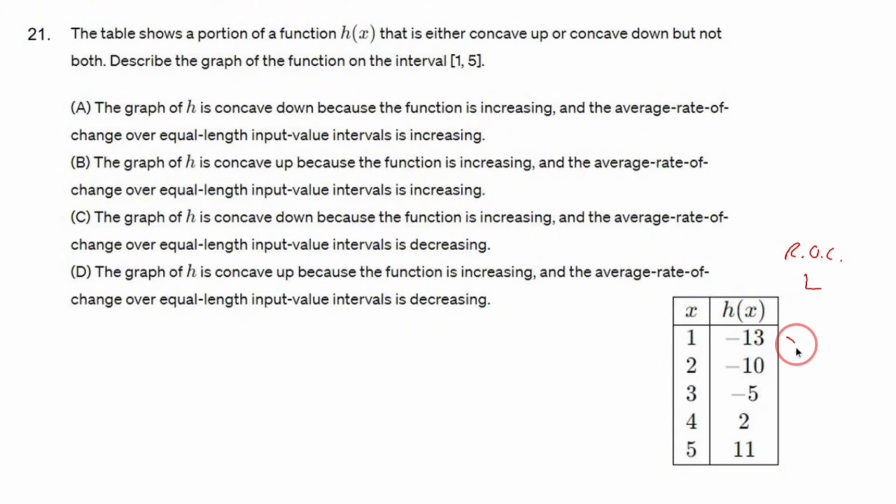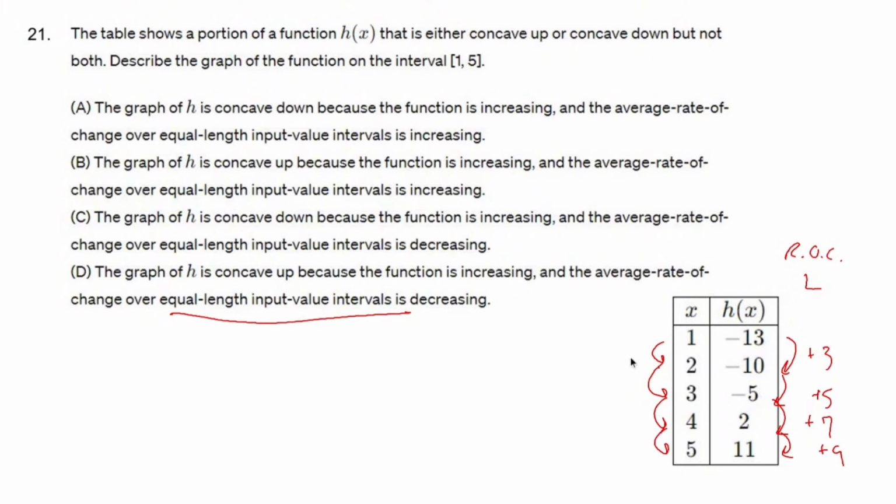So what are we doing here? Well, we are going from -3 to -10. By the way, these all go up by 1, so the equal length input value intervals are the same. These go up by, what am I doing? Adding 3, adding 5, adding 7, and adding 9.